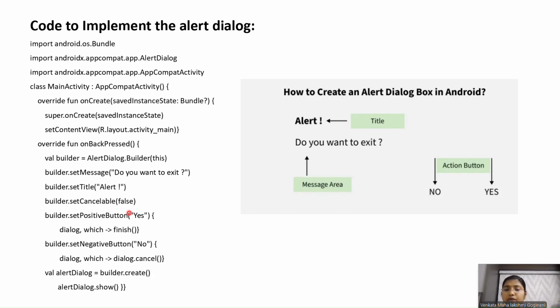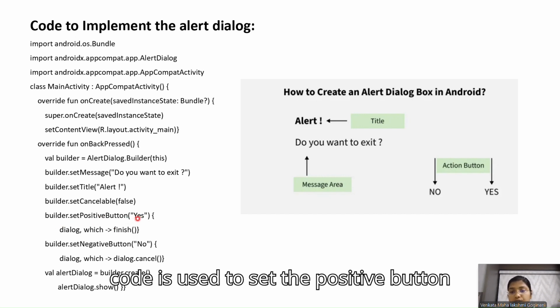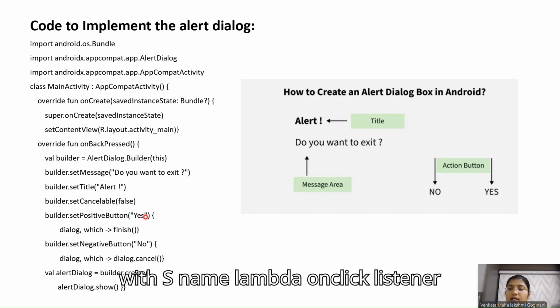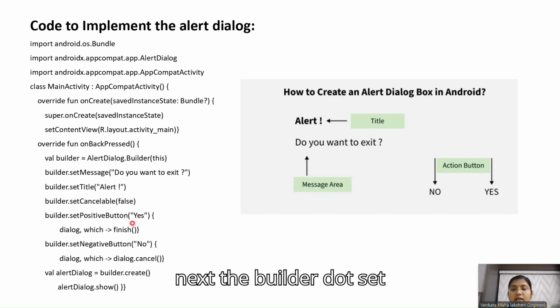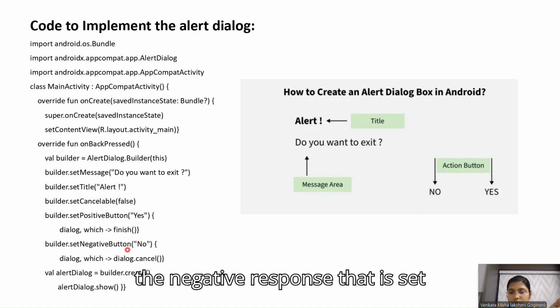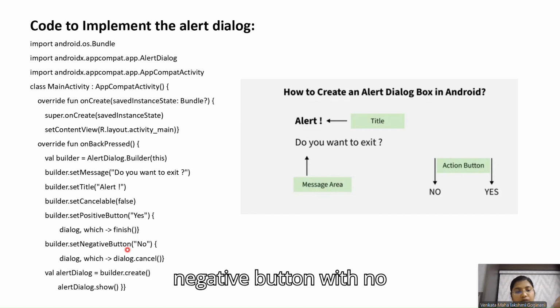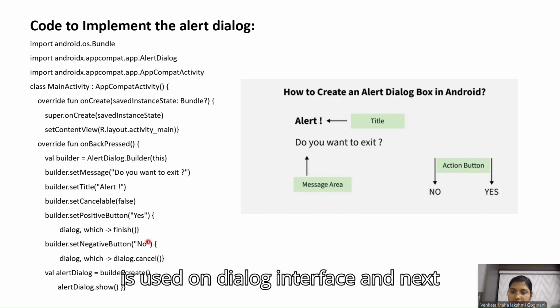And next the code builder.setPositiveButton("Yes"): this line of code is used to set the positive button with the name Yes, and a lambda onClick listener method is used of the dialog interface. And next, builder.setNegativeButton is used to show the negative response, that is setNegativeButton with "No" and a lambda onClick listener method of the dialog interface.